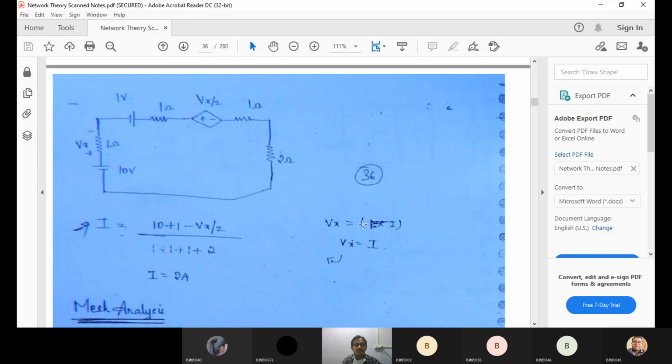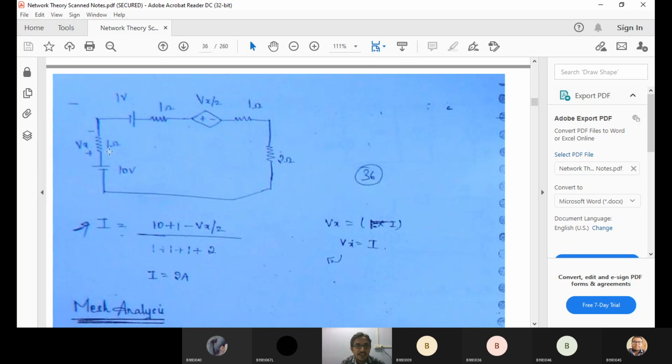Then it will be positive. And what is your Vx here? Vx is equal to I into R. What is I? It is unknown.